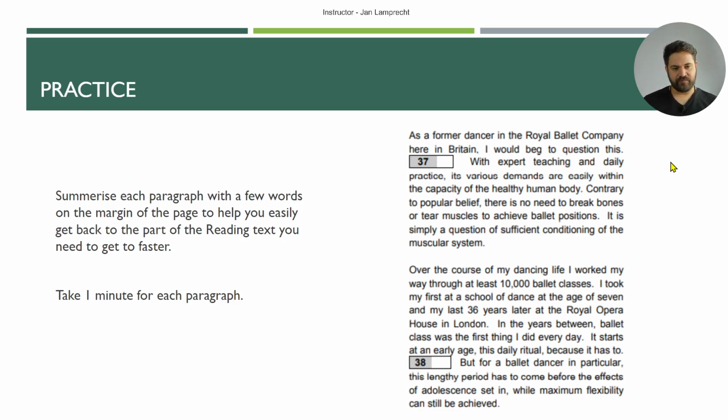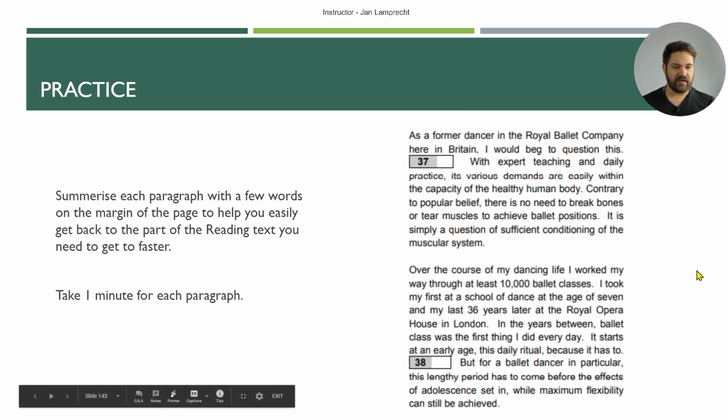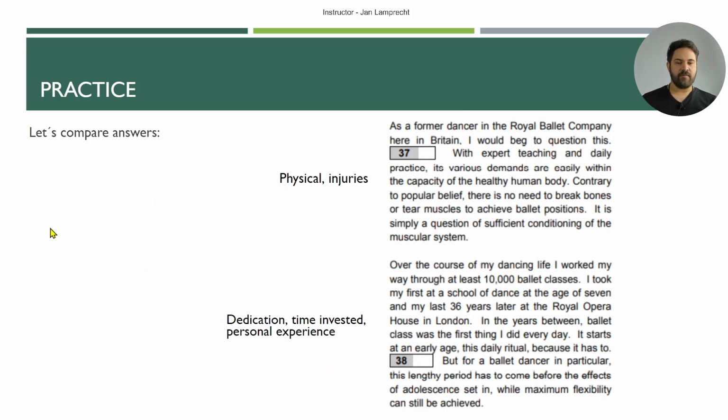So what you should have done was write a few words to summarize this paragraph, and the same here. So here are my summaries. When I read this part of the passage, my summary is that overall it talks about physical, it's very physical, and the injuries.